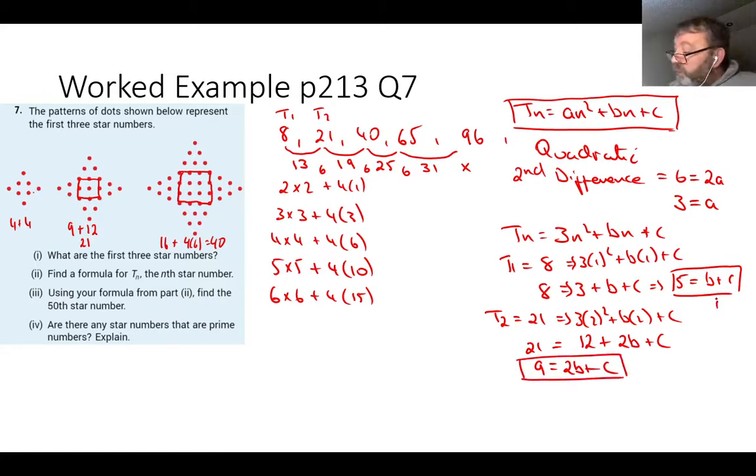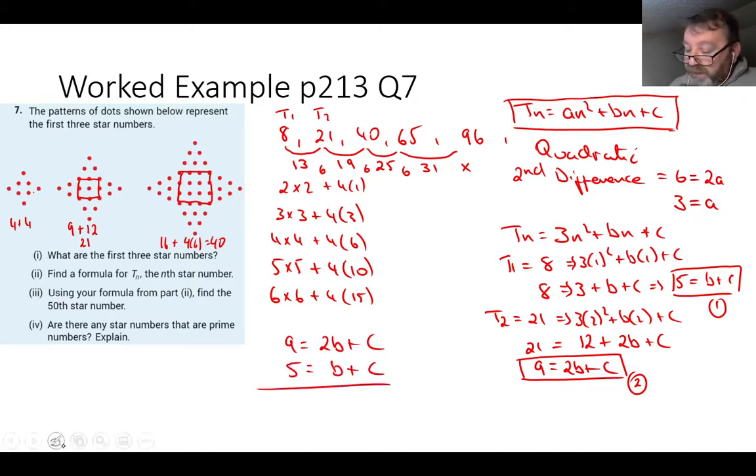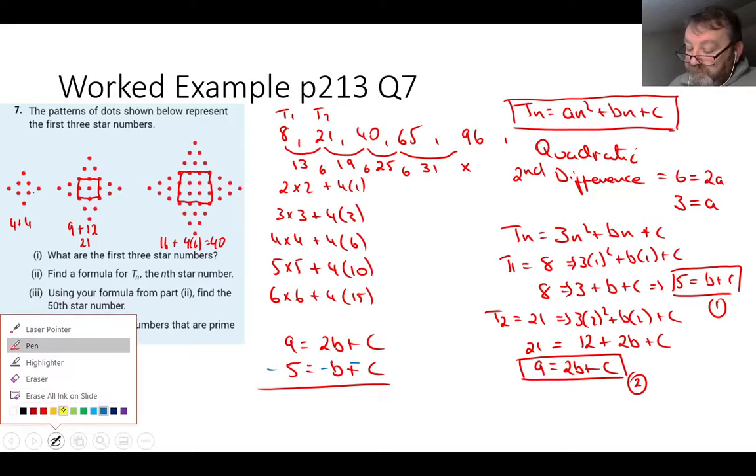So all I've got to do now is take equation 1 and equation 2 together. We'll write down 9 equals 2b plus c. Underneath that, 5 equals b plus c. We're then going to change the signs of the bottom line, like so, so we can get the c's to cancel.